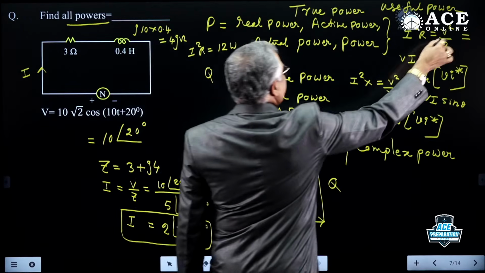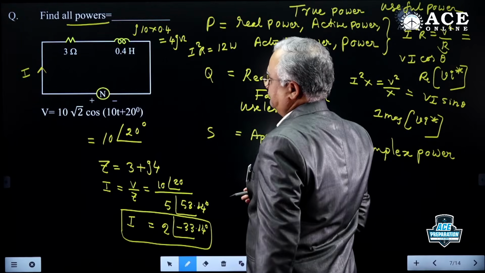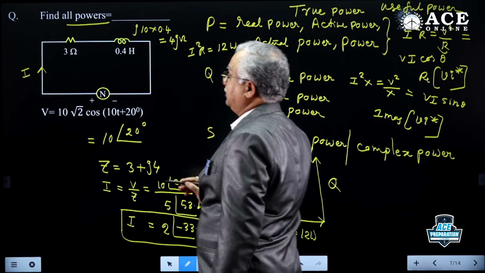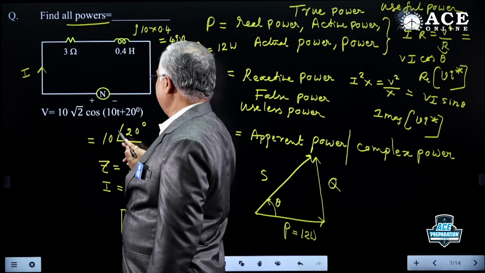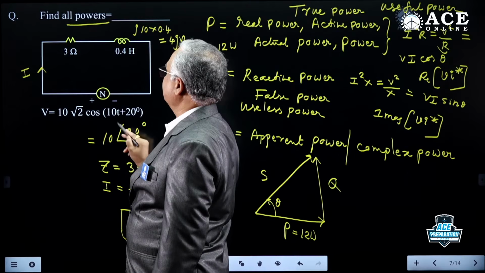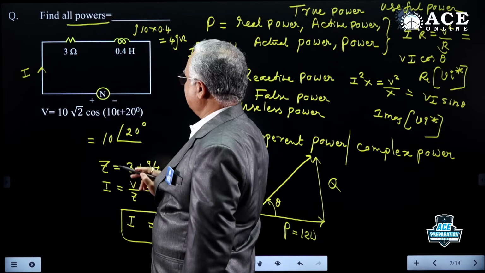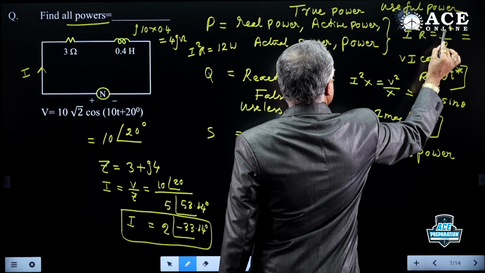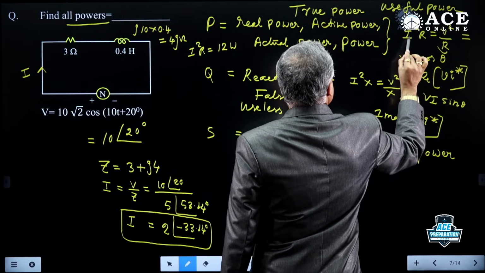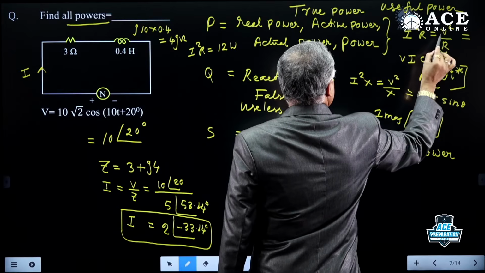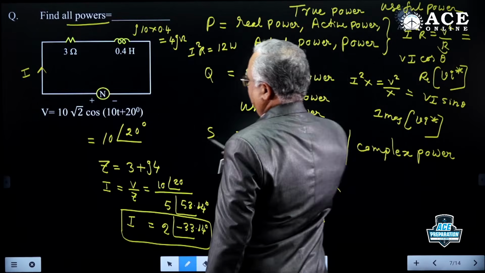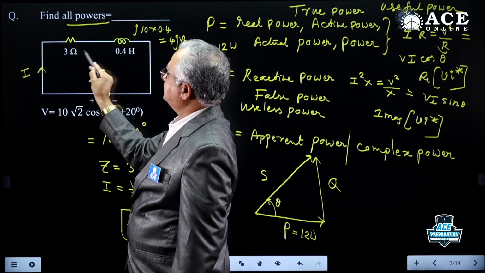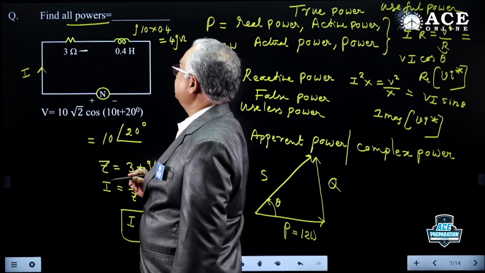If we use V square by R also, same answer will come. But V is not this V. V is not 10. 10 square by 3 you will get wrong answer. Remember, when you are using V square by R, V must be across R, and I must be through R. This V should be across 3 ohms, not the applied voltage.